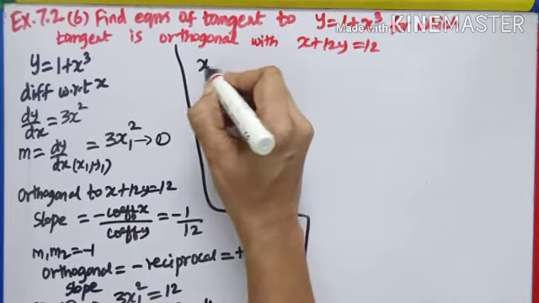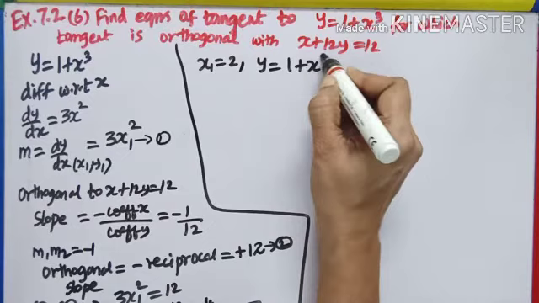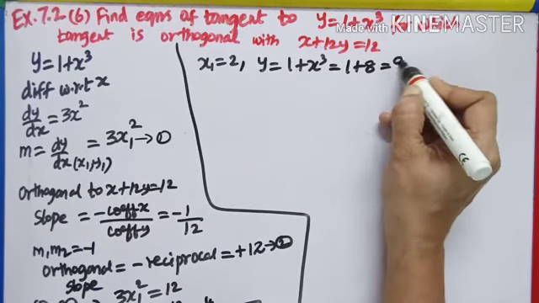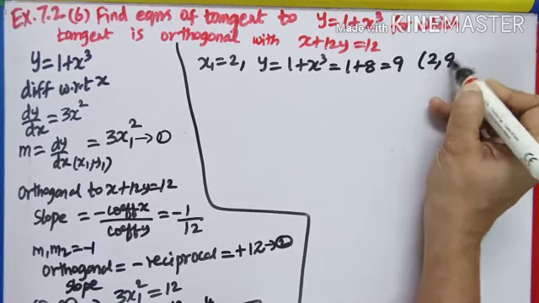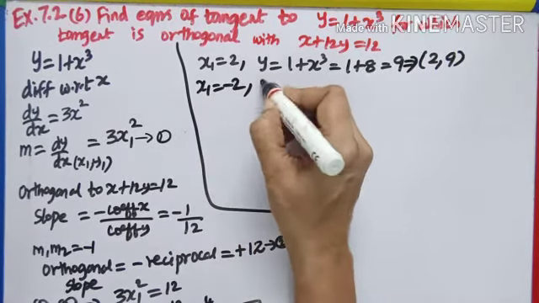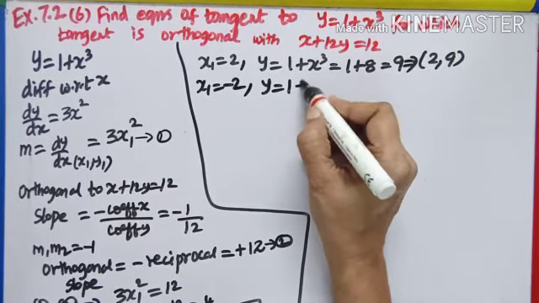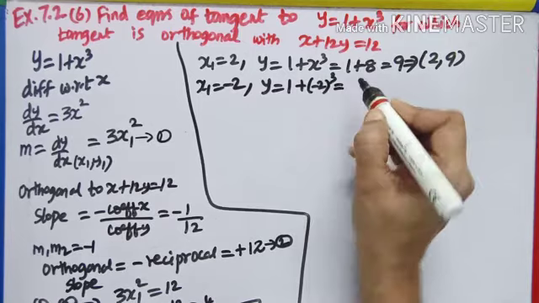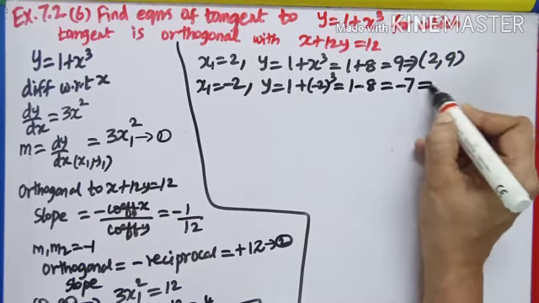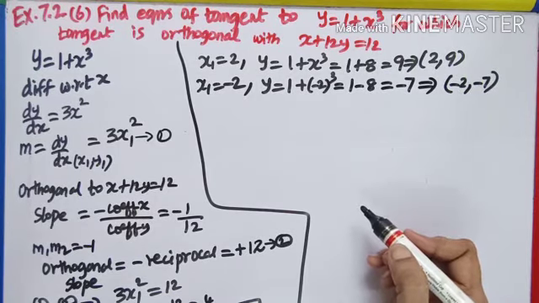So put x1 equals to 2, y equal to 1 plus x cube, or it is 2 cube is 8, that is 9. So the point is 2 comma 9. When x1 equal to minus 2, y equals 1 plus minus 2 the whole cube, or I get 1 minus 8, which is minus 7, and so the point is minus 2 comma minus 7.